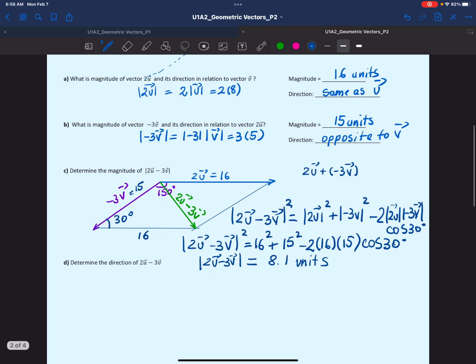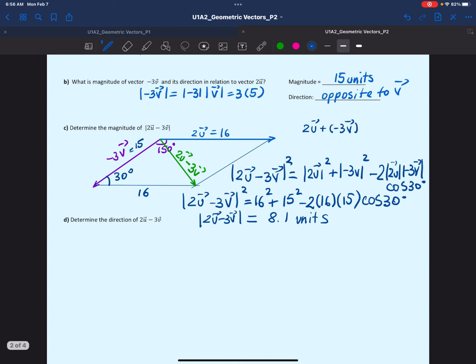Now we have to determine the direction of 2u minus 3v. So to determine the direction of 2u minus 3v, we can look at the angle that 2u minus 3v makes with either vector negative 3v or vector 2u or vector v itself. So I prefer that we find the angle that it makes with vector u.